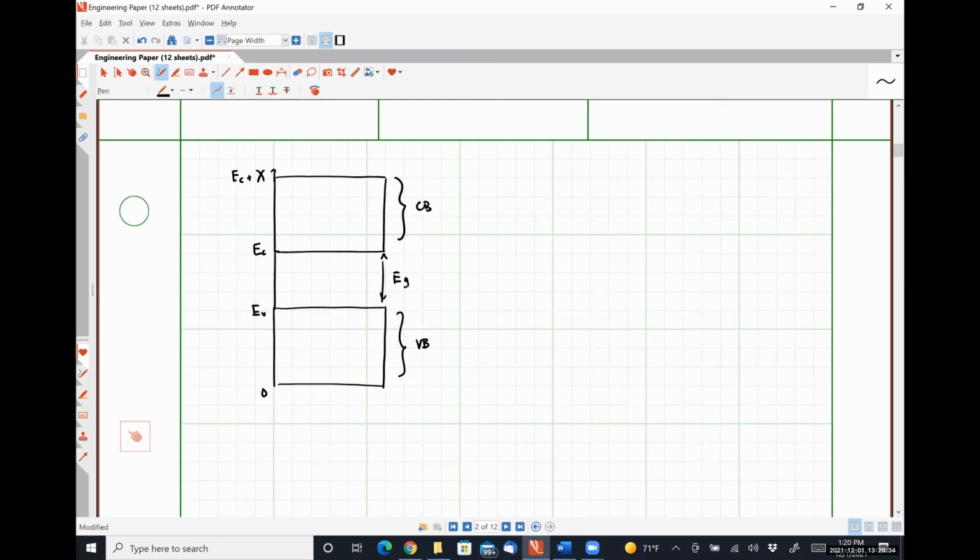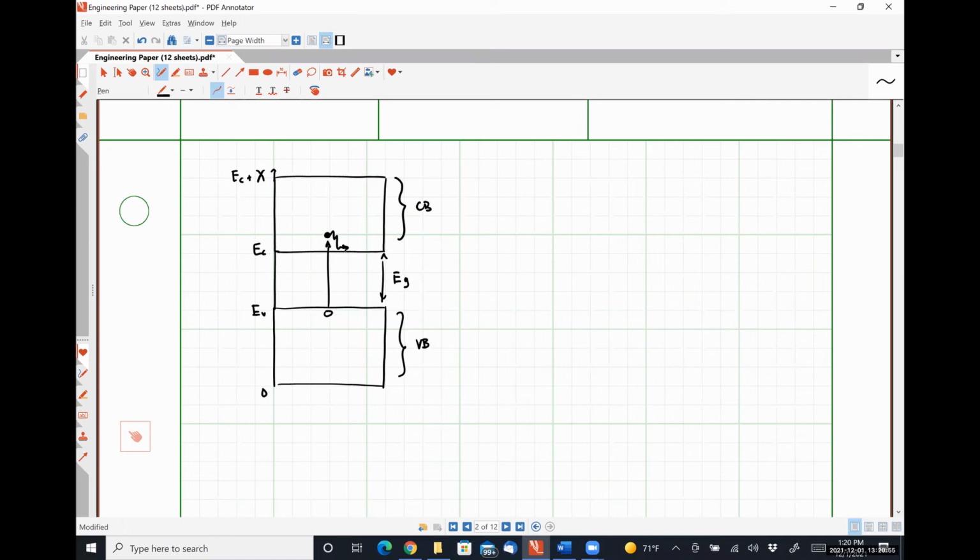And if we're not at T equal to 0 Kelvin, it's very likely that we'll have some holes in our valence band and some free electrons in our conduction band, right?